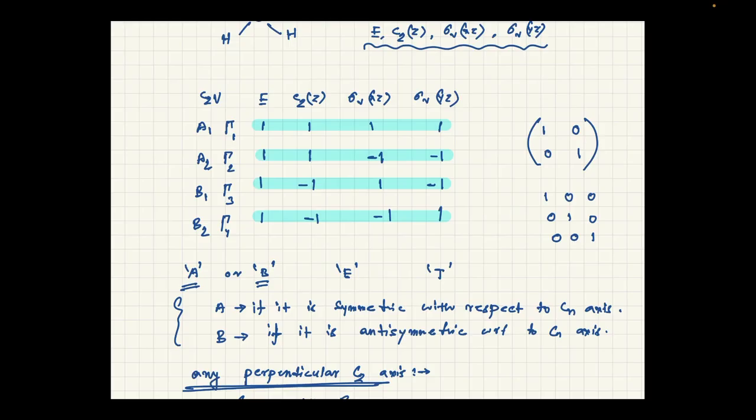Like this, there are 5 important rules. Here the order is 4, because there are 4 symmetry operations and 4 different classes. And the sum of the squares of the characters of the identity operation is also 4.